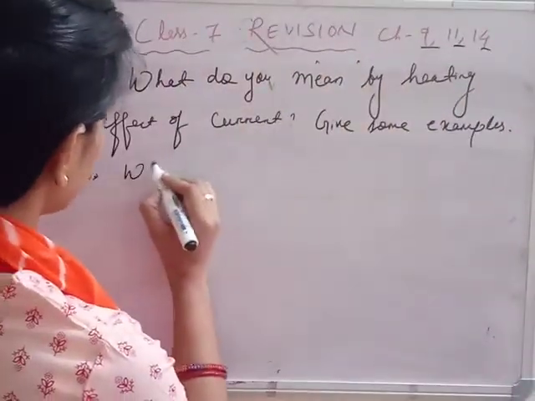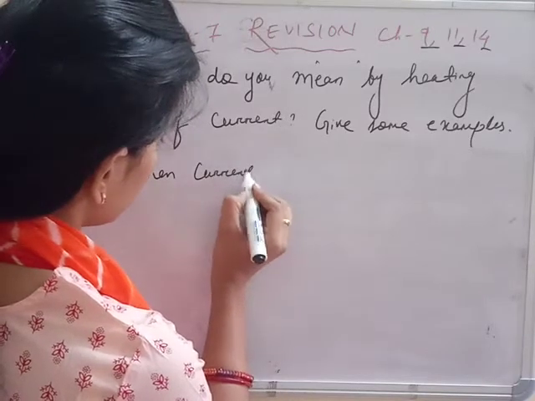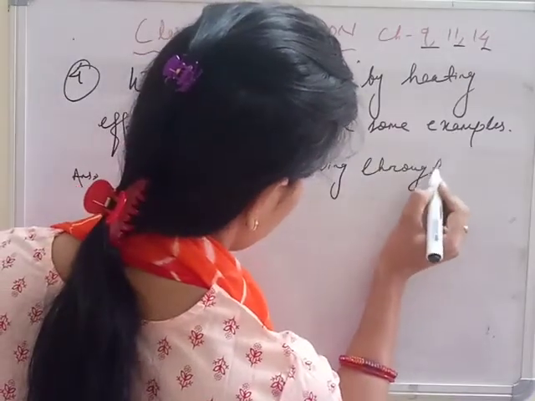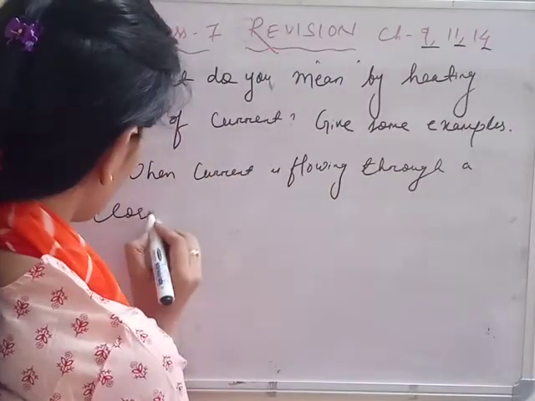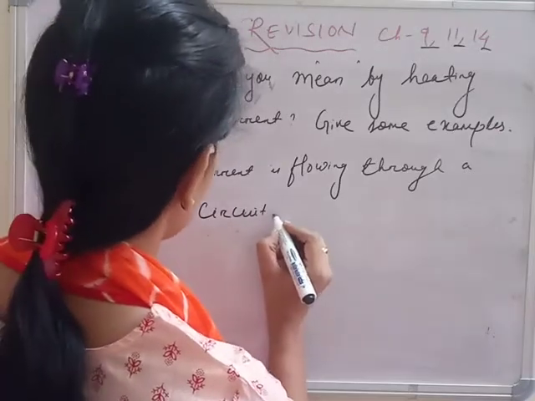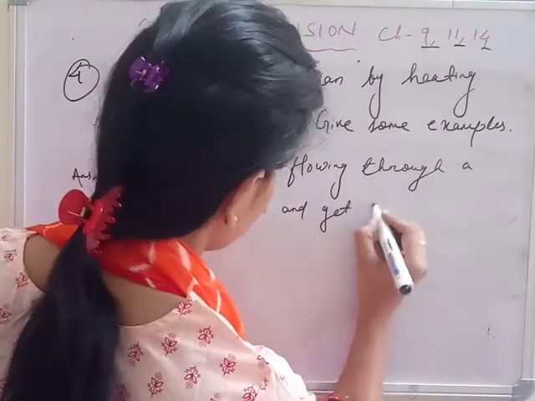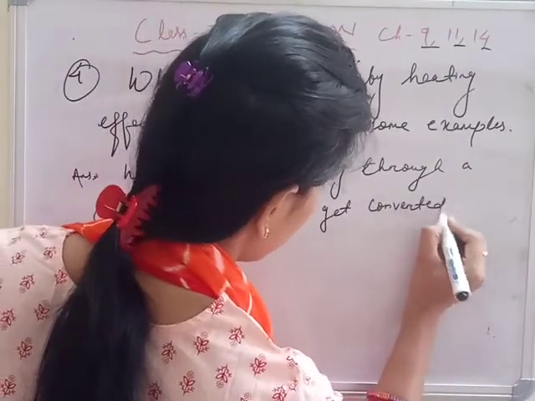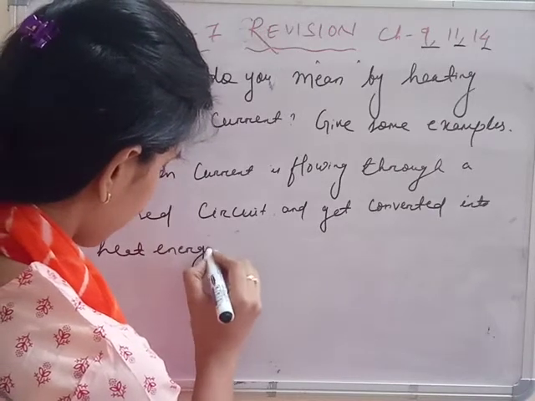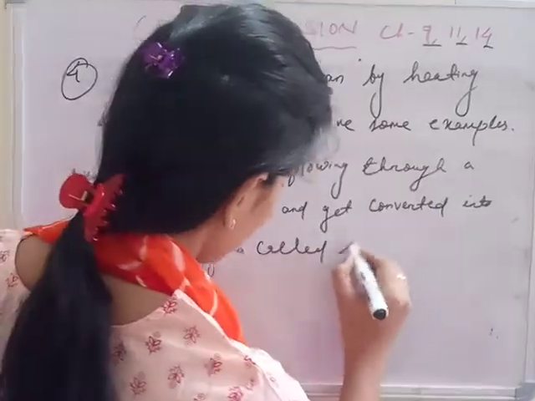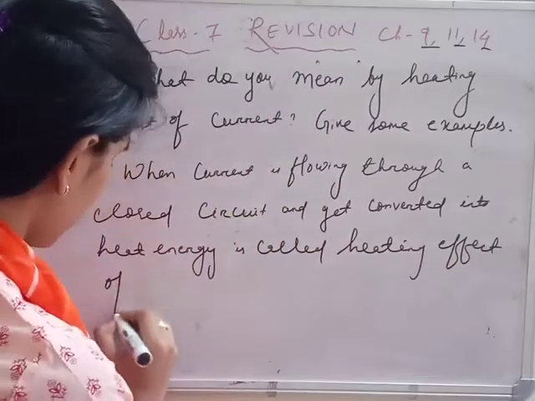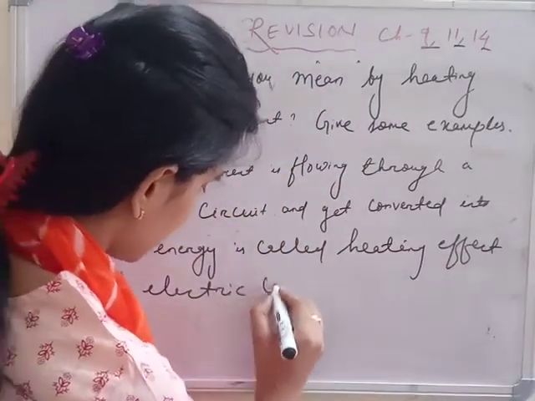So when current is flowing through a closed circuit, you can also write appliances circuit, and gets converted into heat energy, it is called the heating effect of electric current.